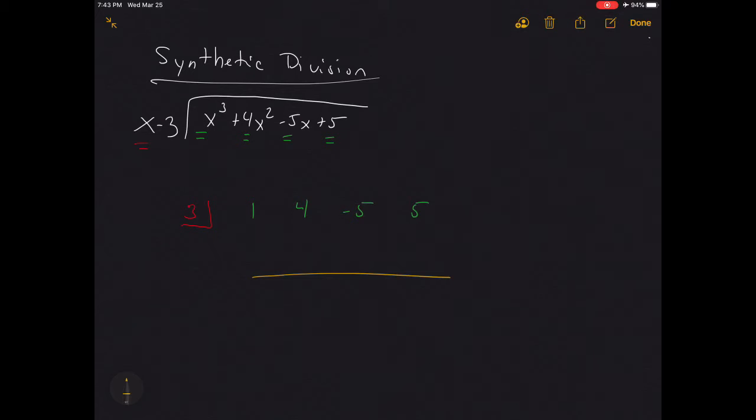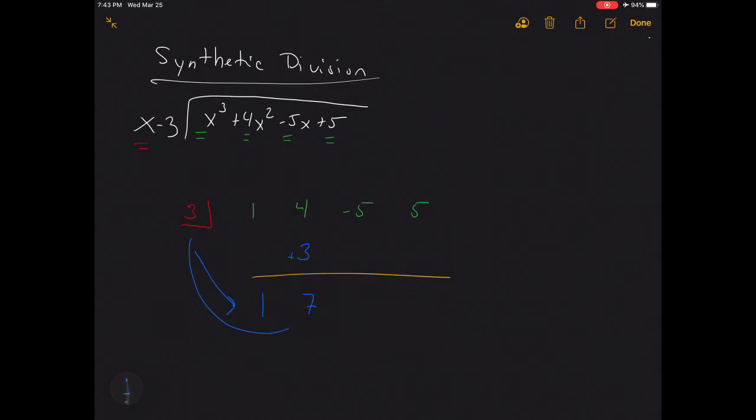The first thing you do is you bring down the first number. So we're going to bring down that 1. It's the first coefficient. Then you multiply the 3 times the 1, and you place that here. And then we add the 4 and the 3, and we get 7.